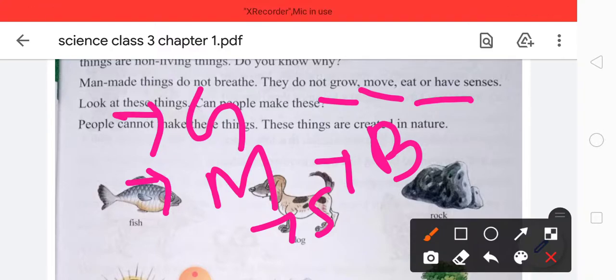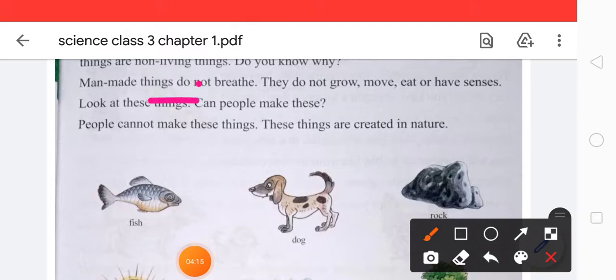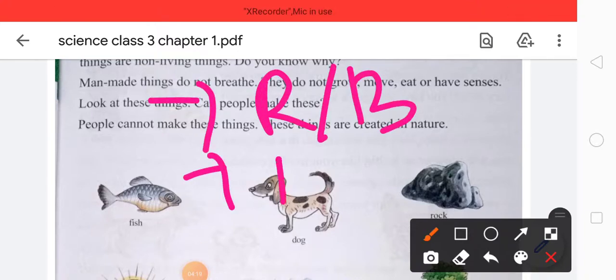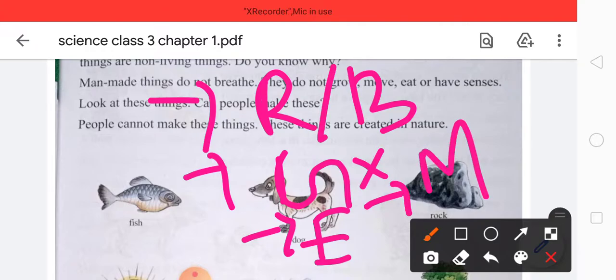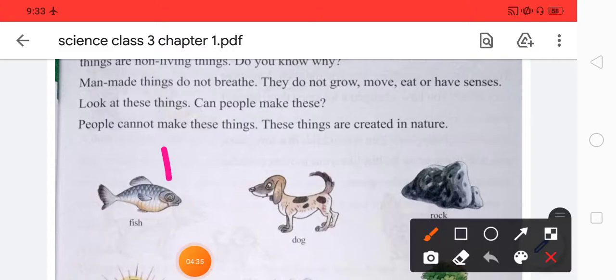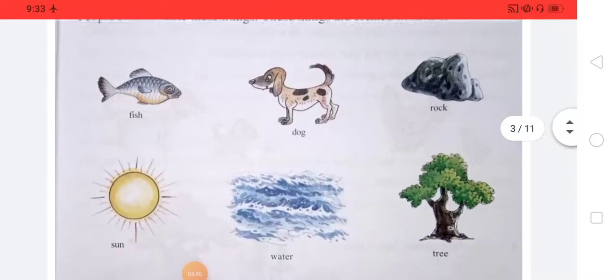Those things that are non-living do not respire or breathe, they cannot grow, they don't eat, and they don't move. They are called non-living things. Non-living things may be natural or man-made. Now your doubt is clear, students.